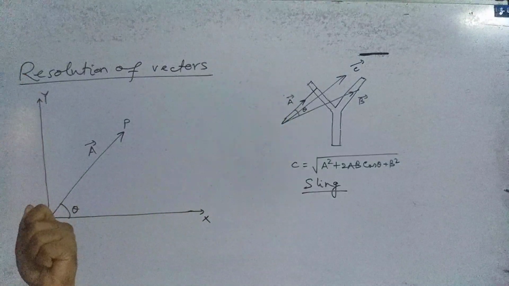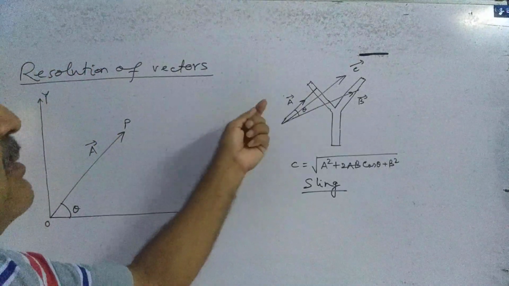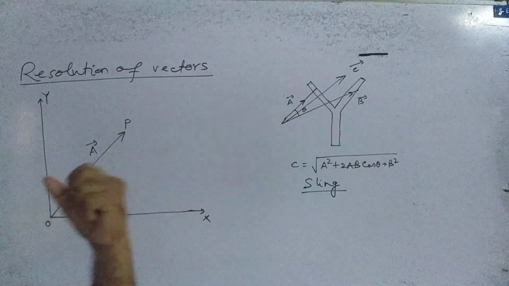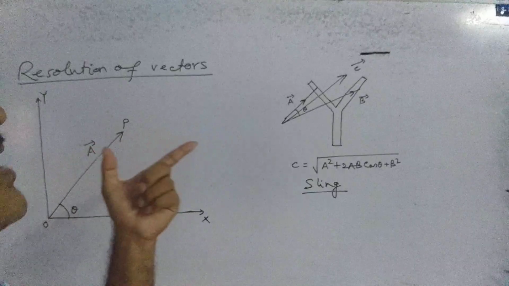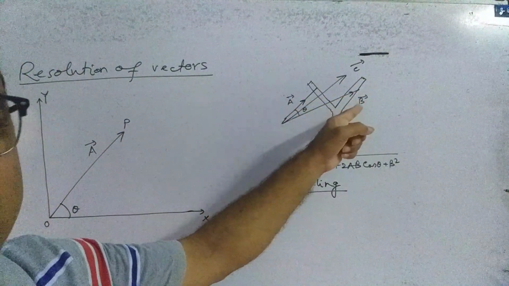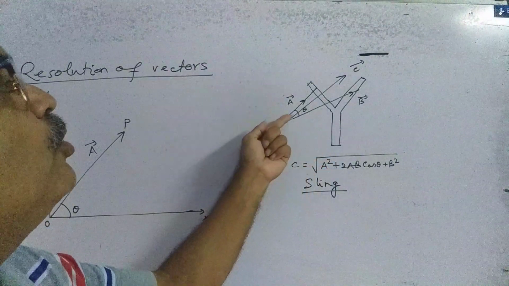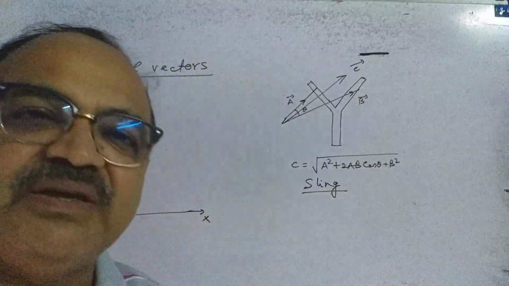It is pulled. When it is pulled, according to Newton's third law, you are stretching it in this direction, but its reaction force will act in the opposite direction. As shown in the figure, A vector and B vector. When you release it, the stone will move with the resultant C vector.